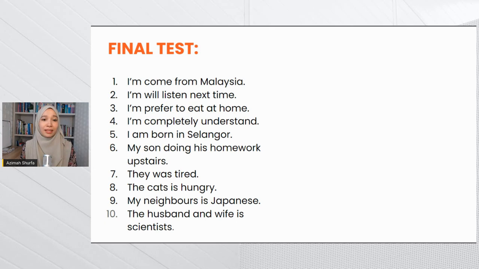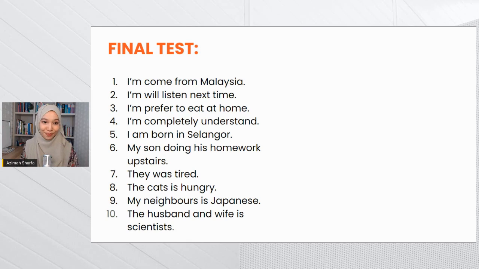Number 6, my son doing his homework upstairs. Number 7, they was tired. Number 8, the cat is hungry. Number 9, my neighbors is Japanese. Number 10, the husband and wife is scientists.